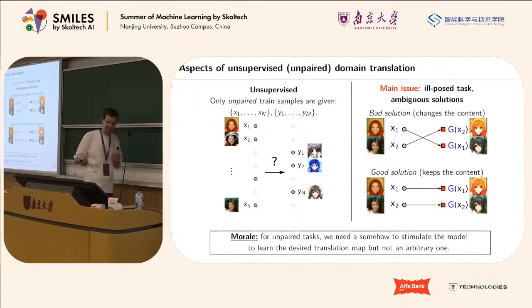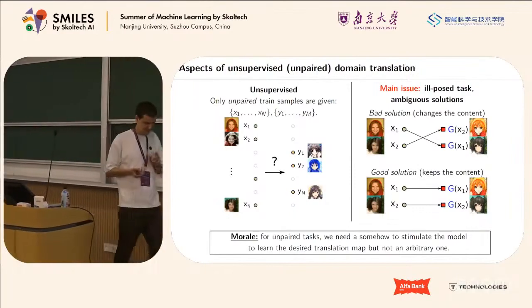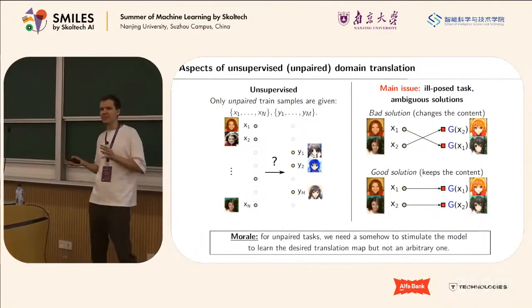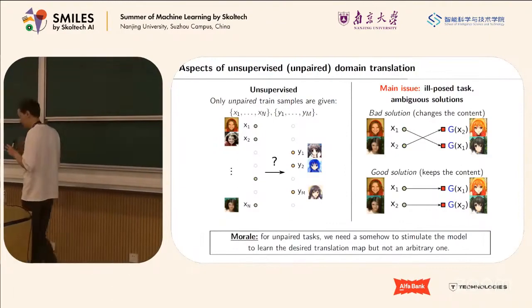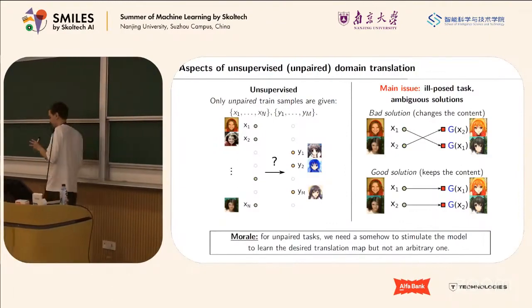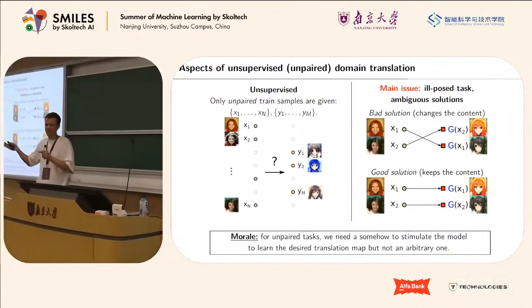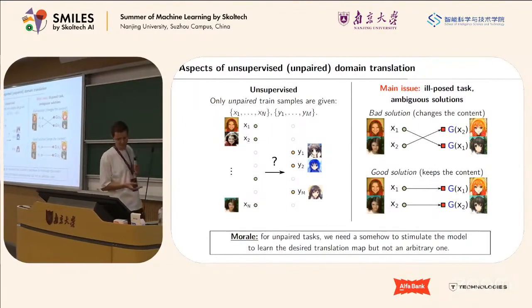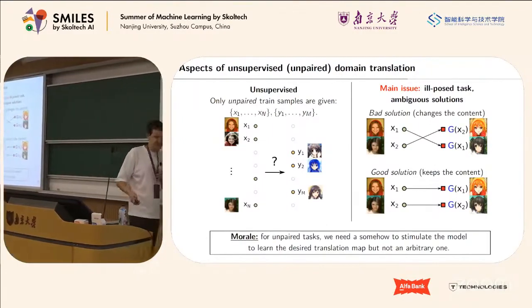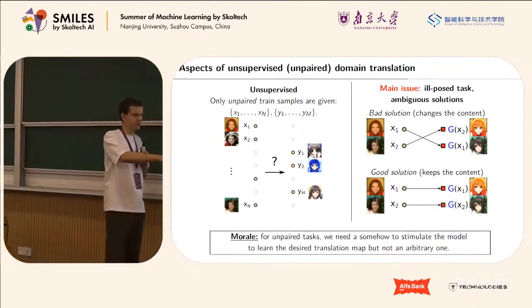For example, just consider some medical case. You do some super resolution of an MRI image of, I don't know, a brain, and it outputs a super resolved MRI image of a leg, I don't know. Of course this is not reasonable and this is not useful. The question is how to find solutions which keep the content.